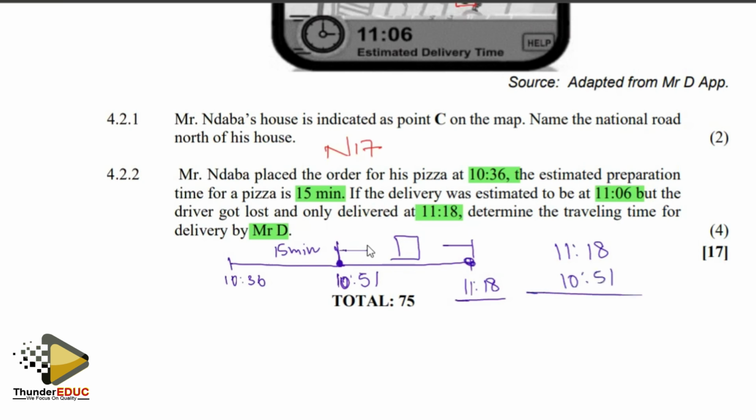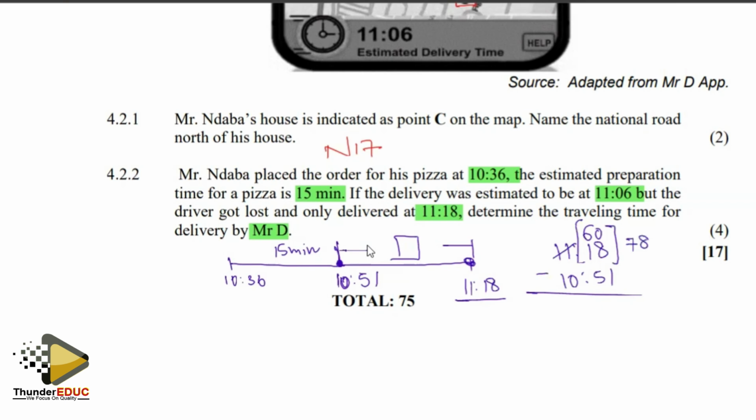Now the trick here: 18 cannot subtract 51. What do we do? We borrow from the 11, turn it into minutes. So remember, you've borrowed a full hour, meaning you've borrowed 60 minutes. Add them up. What do you end up having? This is 78.